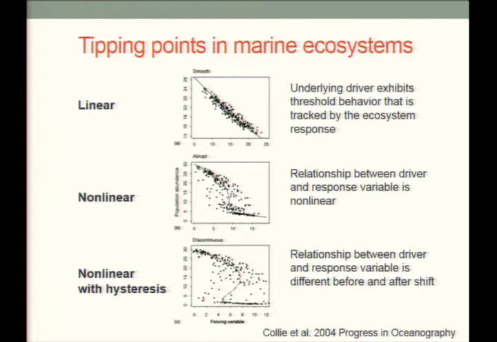For example, they can arise when there's a linear relationship between drivers and the response variables, but the underlying dynamic exhibits threshold behavior that is tracked by the ecosystem response. They also occur when the relationships between the driver and response variables is nonlinear. And often they occur when there are hysteresis conditions, which means that the relationship between the driver and response variable is different before and after the shift. And it's in these cases that it can be very difficult to recover to your original ecosystem state.